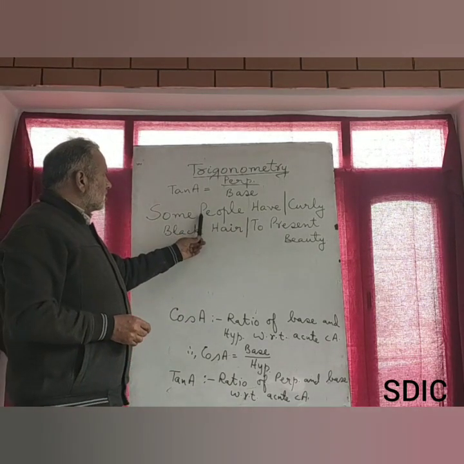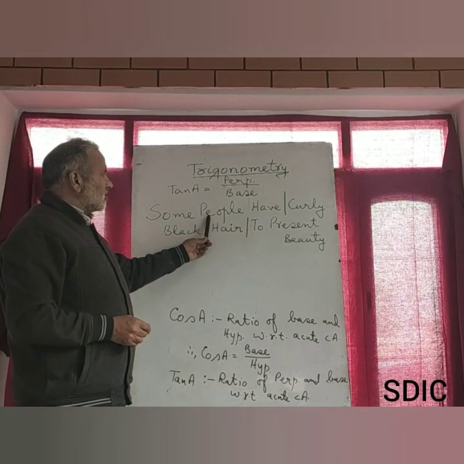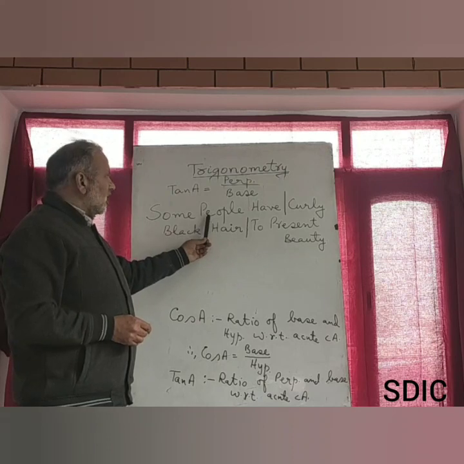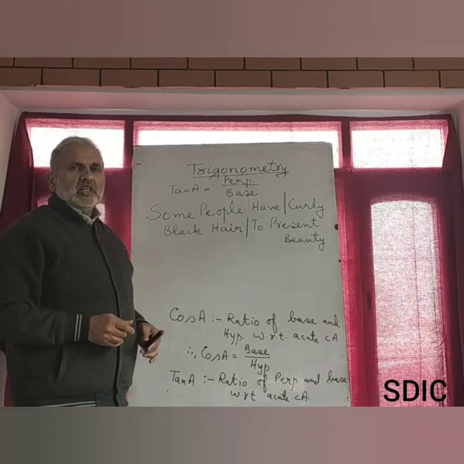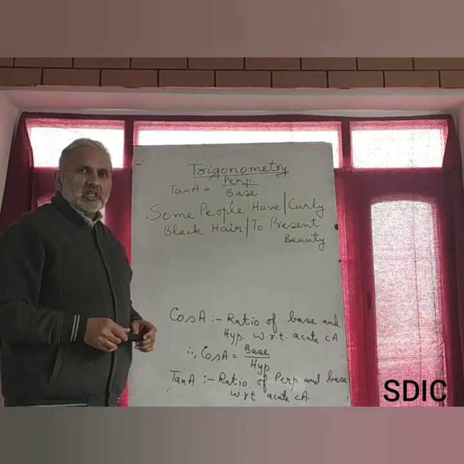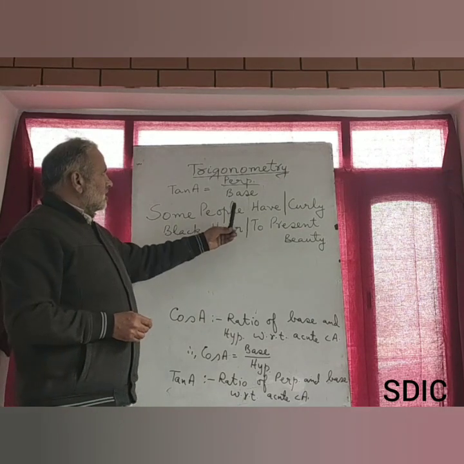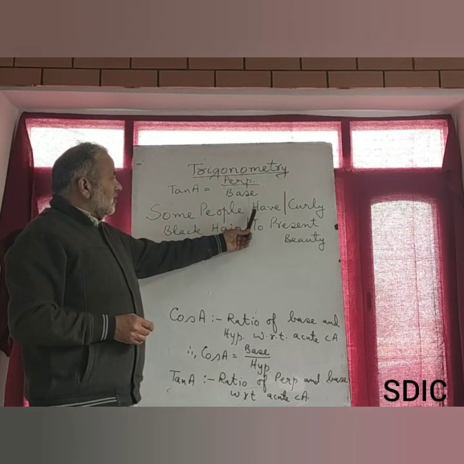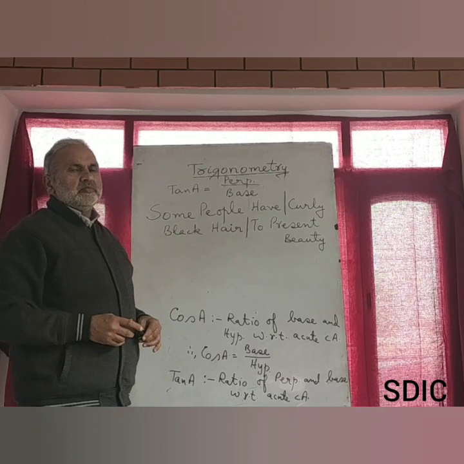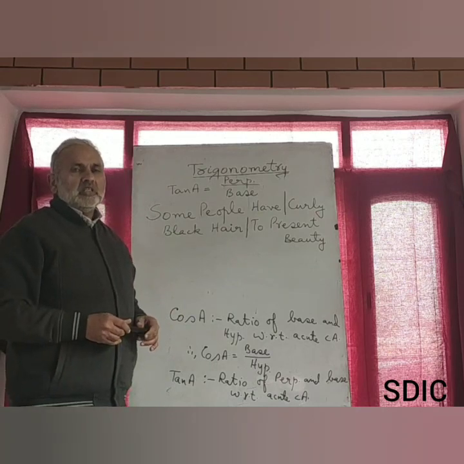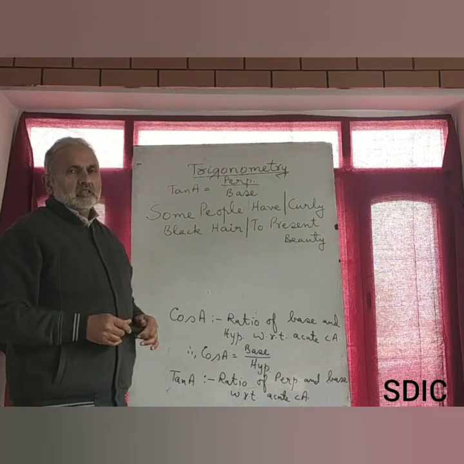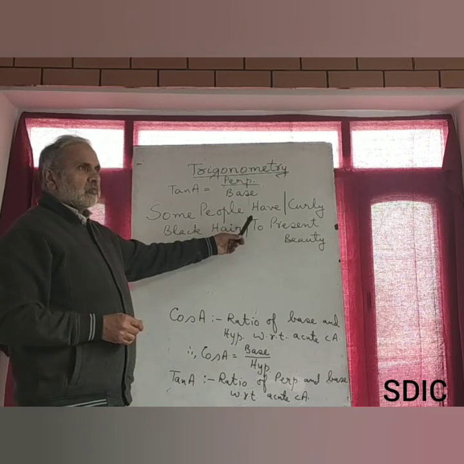The first alphabet of the first word represents the numerator of the ratio, and the first alphabet of the second word represents the denominator of the ratio.